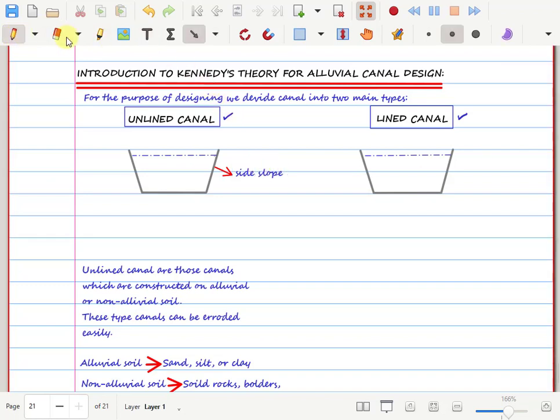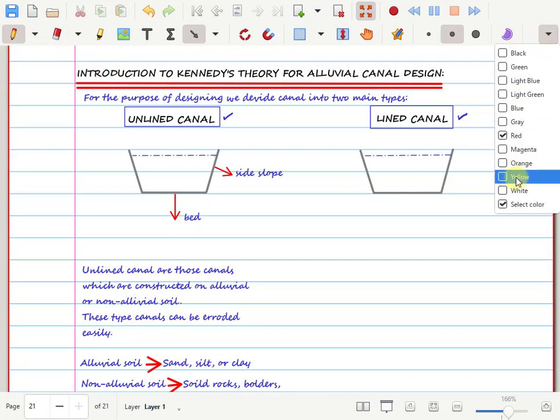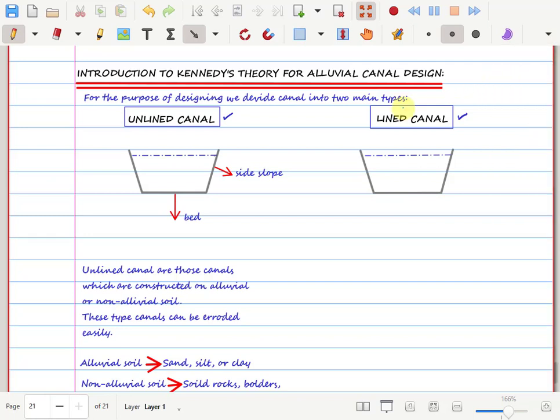And what is this? This is your bed. Okay, so if water passes through this canal, and if this canal is made up of sand, silt, or clay, obviously the water will erode the side slope and bed of the canal, right?